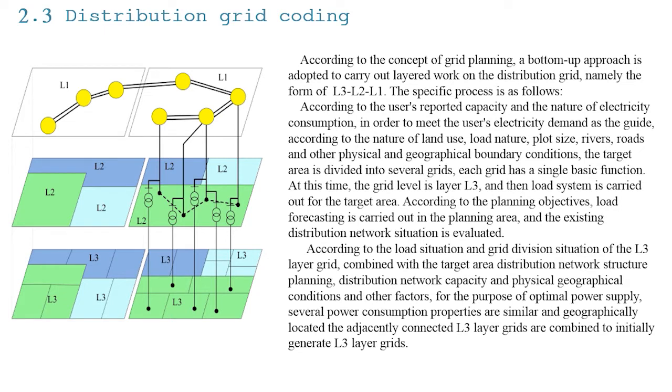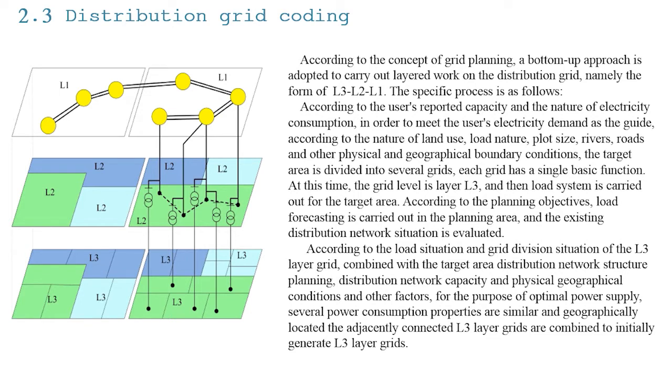According to the concept of grade planning, a bottom-up approach is adopted to carry out layered work on the distribution grade, namely the form of L3 to L2 to L1.